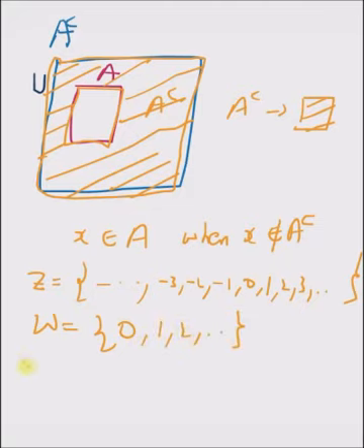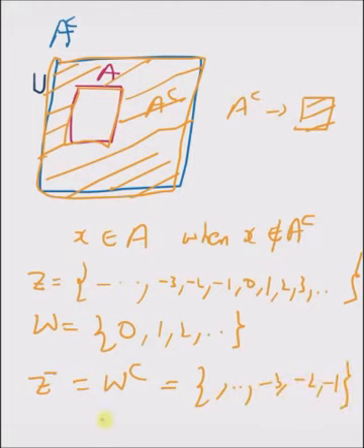Then the complement of this set of whole numbers is the set of negative integers, which is equal to minus infinity to minus 3, minus 2, minus 1. Therefore, the set of negative integers is the complement set of whole numbers, and the universal set is the set of integers. The next operation is the difference operation.